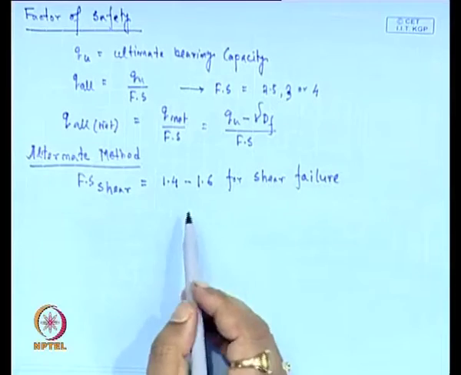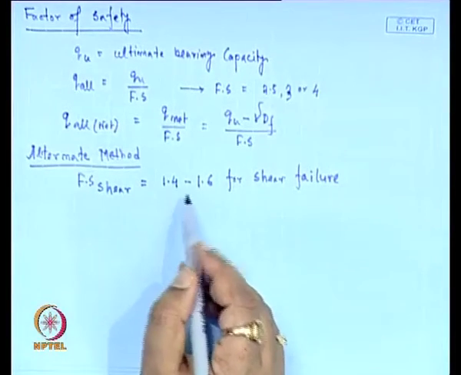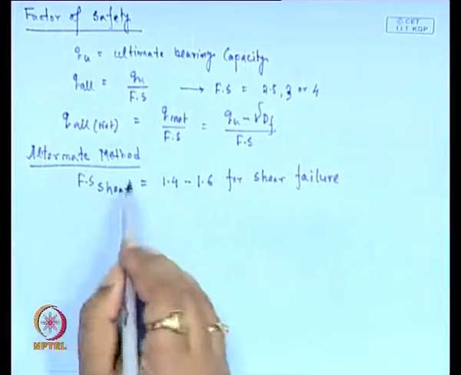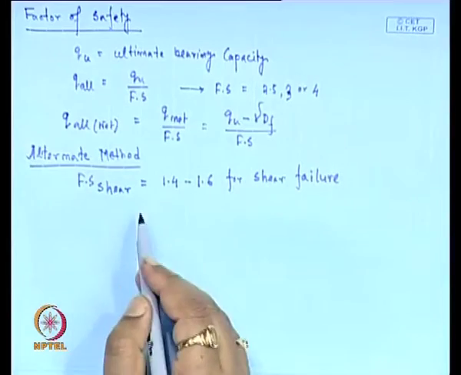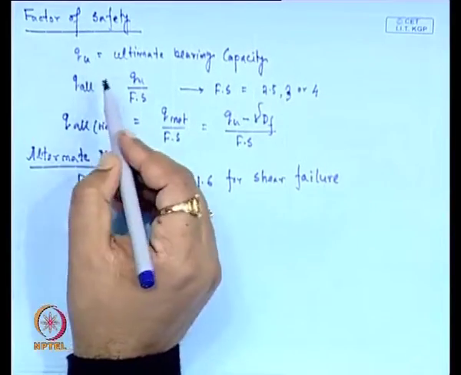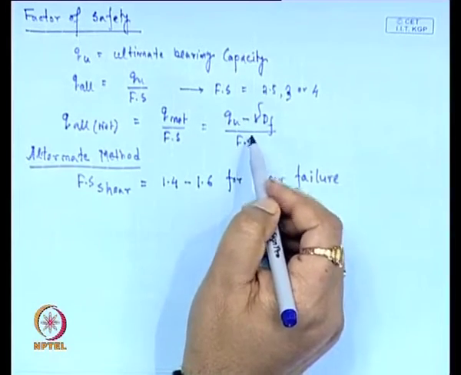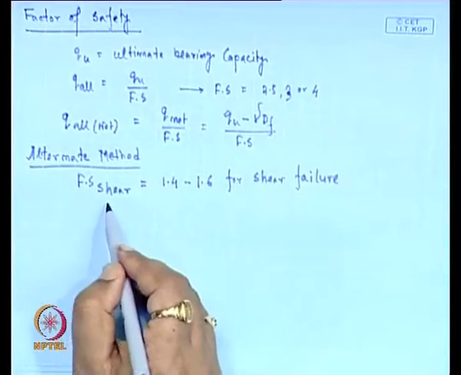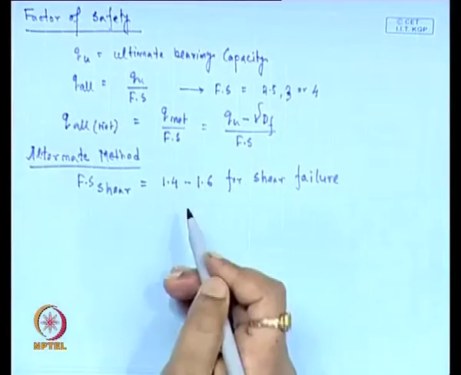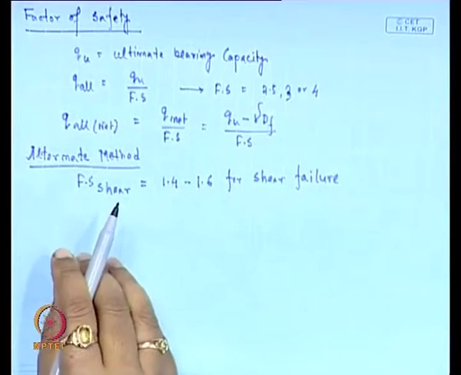Generally, under the footing load the soil fails in shear. So in this alternate method we apply the factor of safety against shear, because in the first method we apply an overall factor of safety, say 2.5 to 4, whereas here we apply a factor of safety against shear, which is normally 1.4 to 1.6.